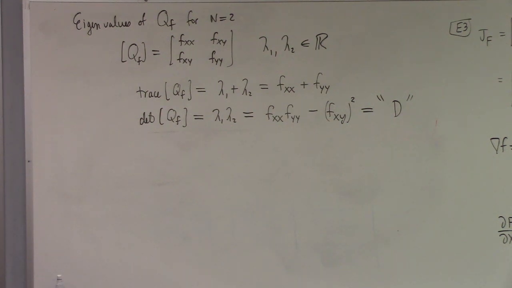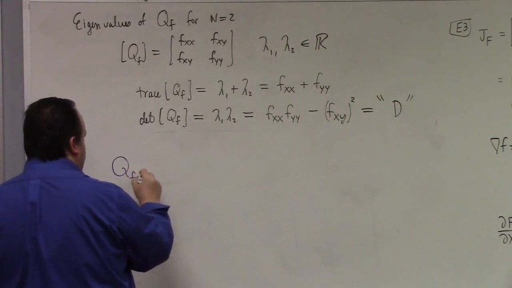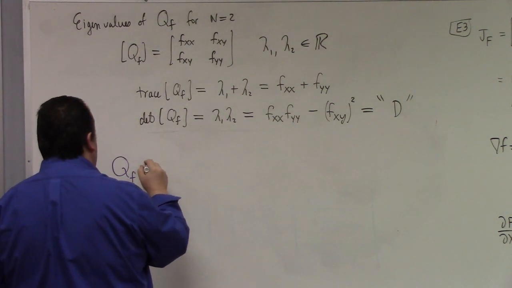What does the formula for Q look like in eigencoordinates? What is Q sub f?